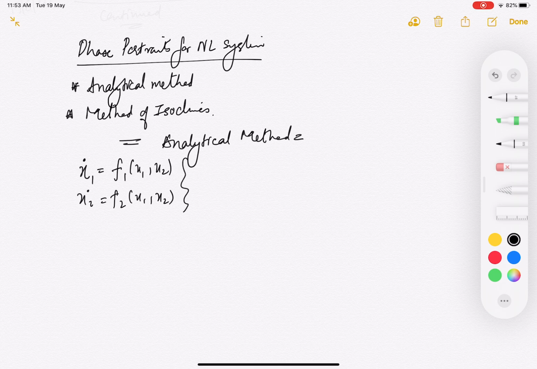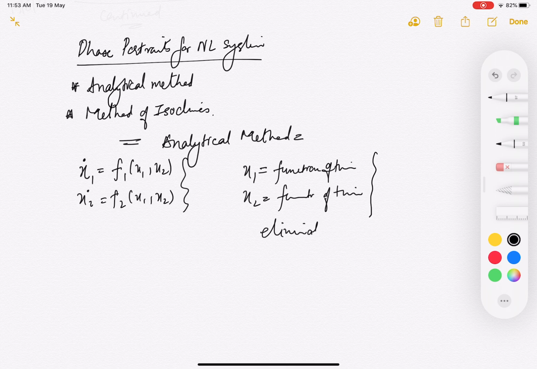You solve this and you get x1 as an explicit function of time, and similarly get x2 as a function of time, and then eliminate time to get the relationship between x1 and x2.